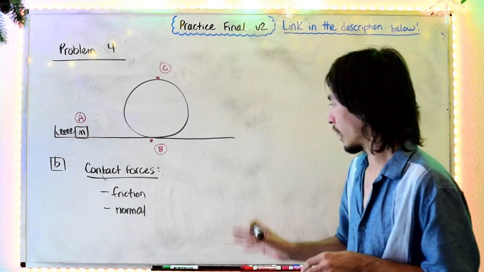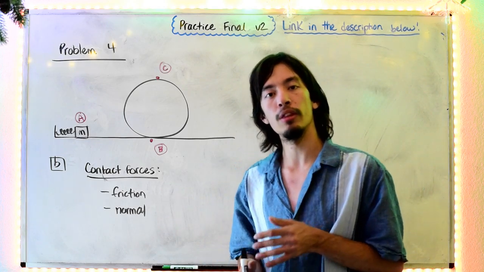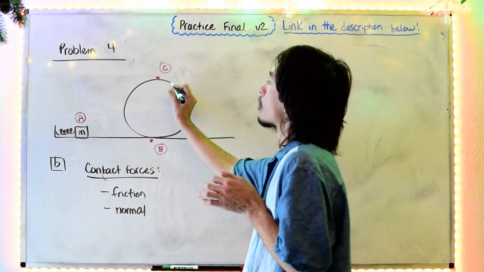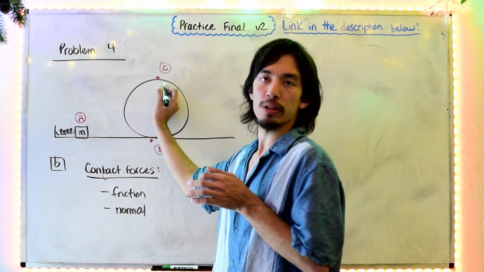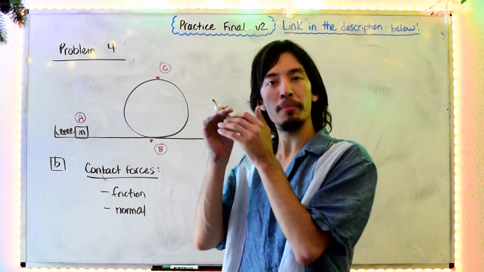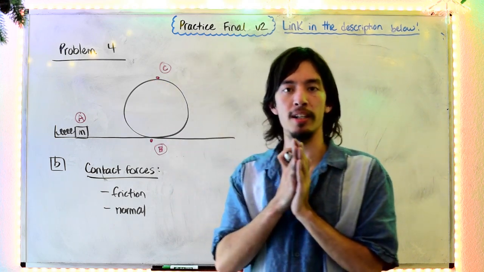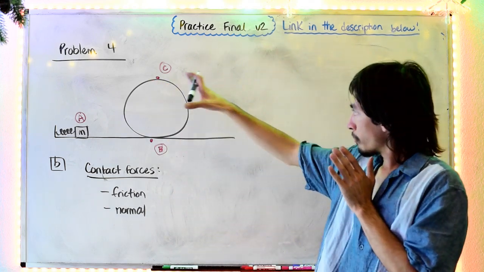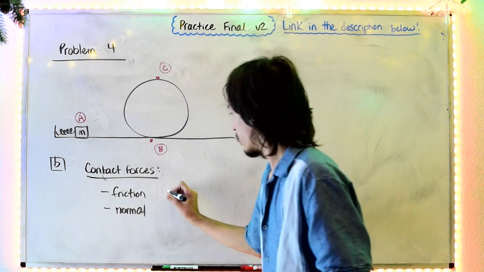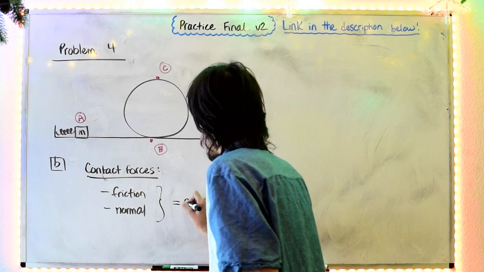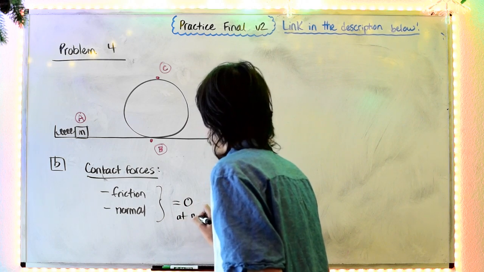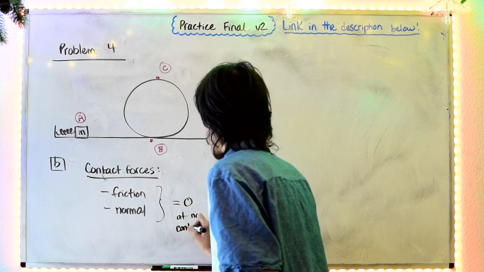Now, if I am arguing that the cart will just barely make it through the top, in other words, at the very top it just barely loses contact for a split moment and then regains contact, okay? At the moment that it loses contact, these equal 0 at no contact.